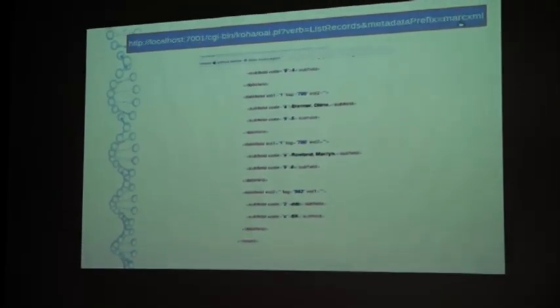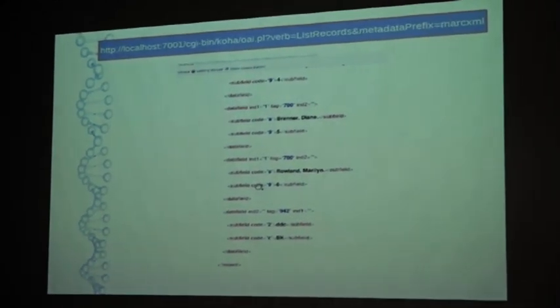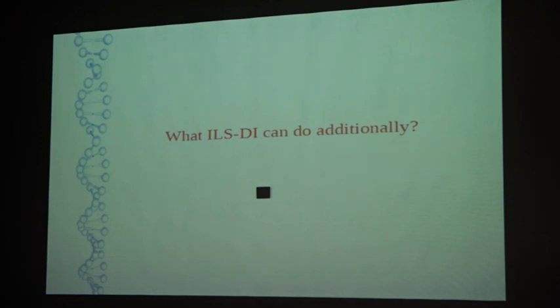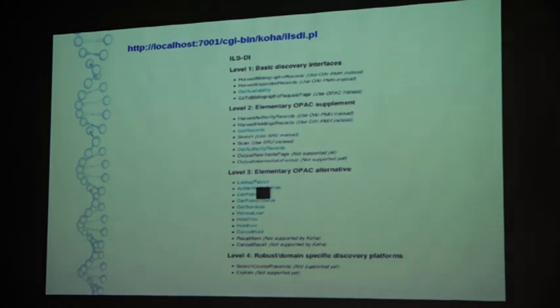If I call by MARC XML, that is also much more comprehensive, but still only manifestation level information, no item level information. If our ILS is ILS-DI compatible, we can generate 25 extra services under 4 categories. We can generate real-time item availability status, including patron usage information.